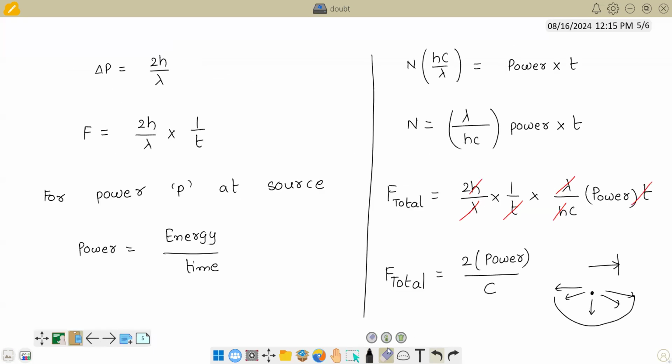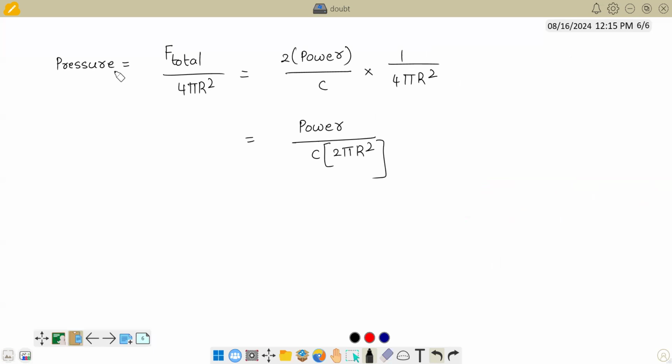Because this power is distributed in the form of a sphere. It would be traveling in all the directions, even though the bottom part and topmost point are not present. So that's why the pressure became F total by 4 pi r square.